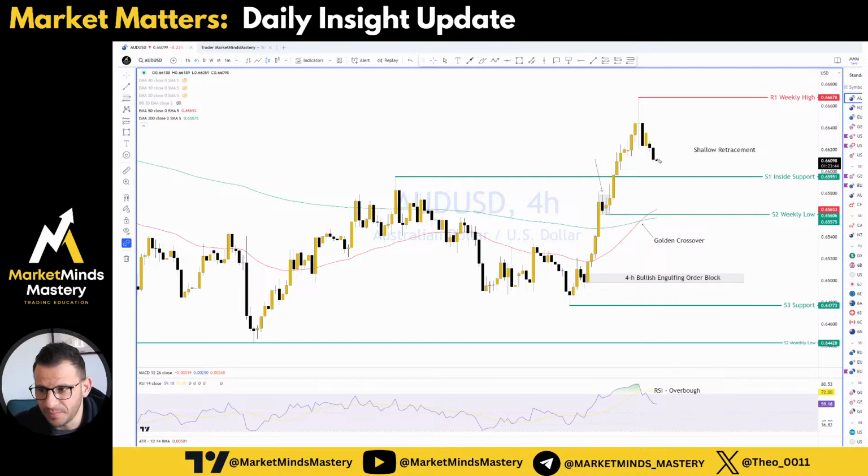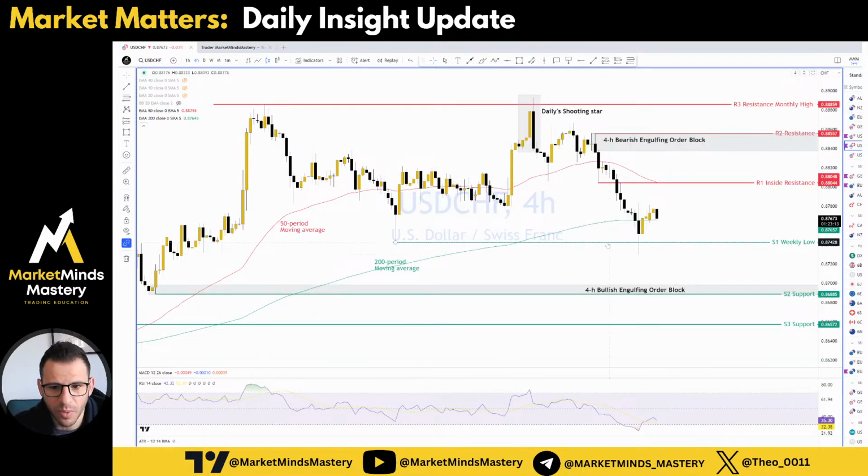But again, in order to buy, we want the price to test an advantage area, like perhaps this is one support, or perhaps to come down to this minor retracement before we will be looking for more bullish trade setups.